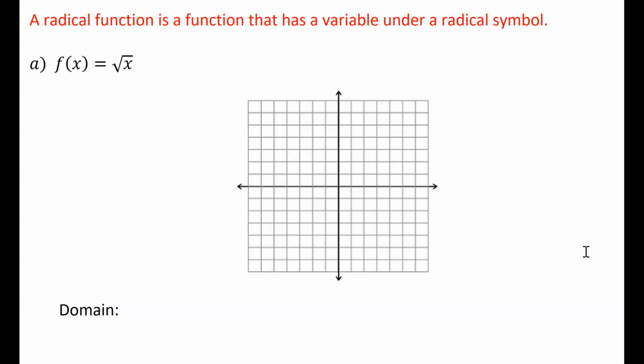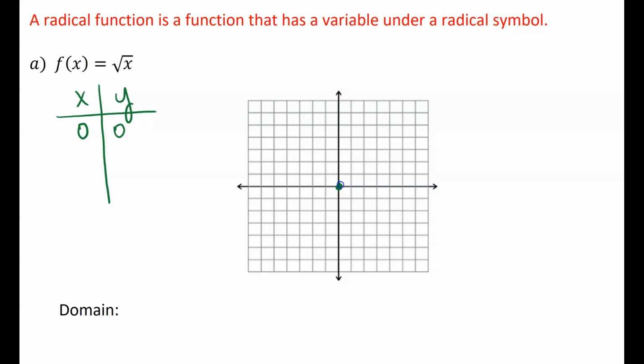And before we start graphing, I'm just going to set up an XY table for this, just to get us started here. Okay, so if I've got the square root of x, what would be some good values of x to plug in? 0. That's a great one. And the square root of 0 is 0.